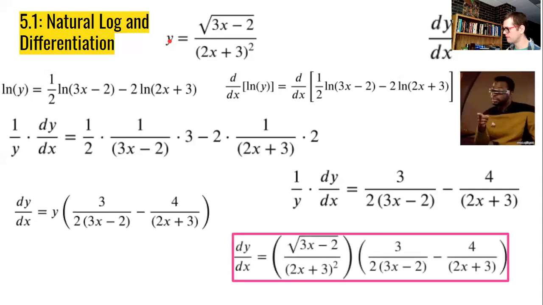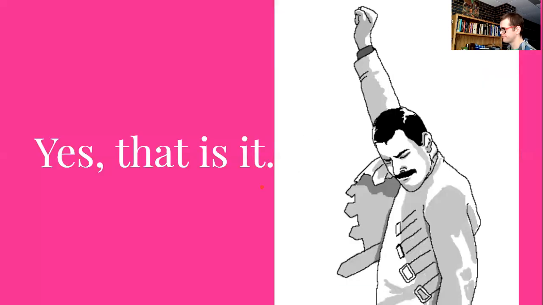Let's plug it in. This could be multiplied out and simplified into a single expression. But again, that's a bunch of algebra that you don't need to do. Boom. That's it.